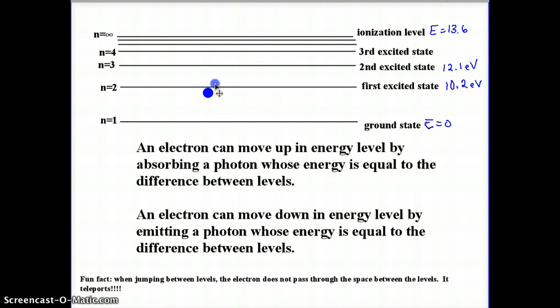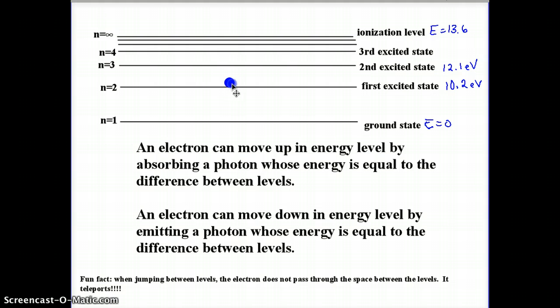If I were in the second excited state and I wanted to get ionized, I would need to somehow gain more than 1.5 electron volts, because if I get exactly 13.6, I'll be at the ionization level. If I get a little bit more than that, I can be out of the atom completely. So by absorbing a photon whose energy is enough to take it beyond 13.6, I can create ionization.